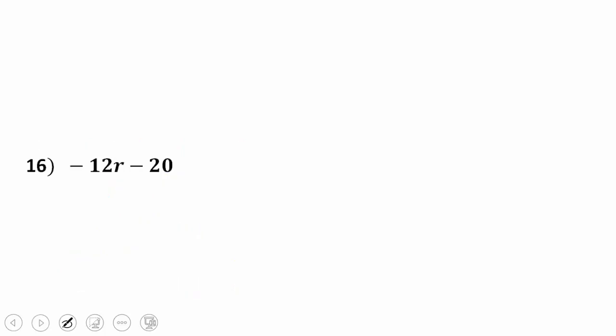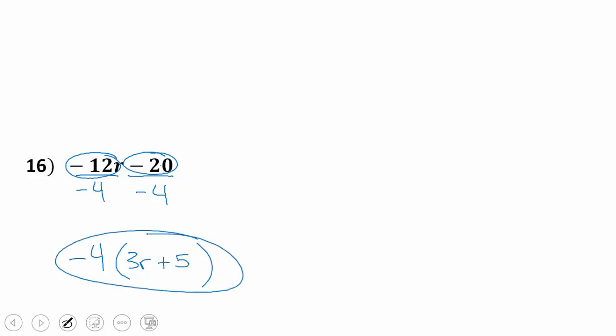If I come to this one and take out a negative, the greatest common factor for this one would be 4. So I'm going to take out a -4. And so I divide each term by a -4, including that sign that comes before it. So -12R divided by -4 would be 3R. And then -20 divided by -4 would be 5.